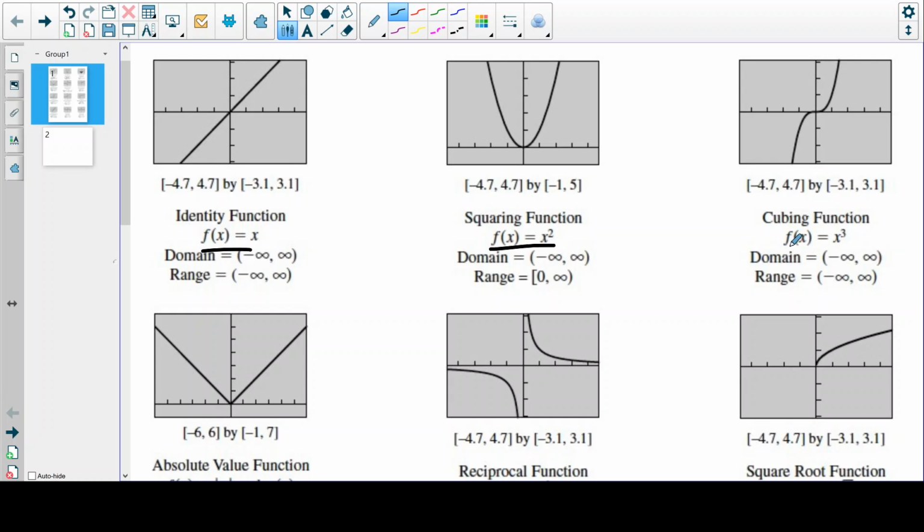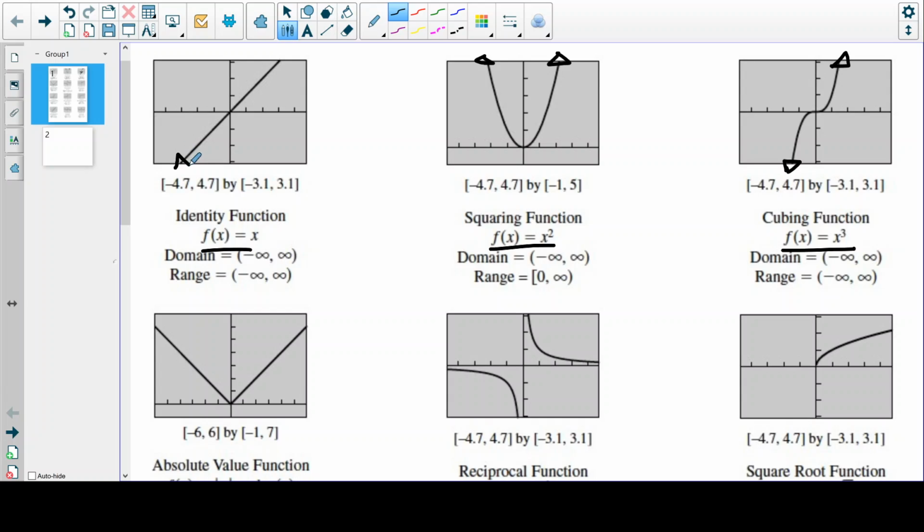And then you have the cubing function, the cubic, which is going to be y equals x to the third. This is similar to the line and the quadratic, but x to the 3 is different. I also want you to know that on this side it goes to negative infinity, and on this side it goes to positive infinity, whereas with a quadratic, both sides go to positive infinity.